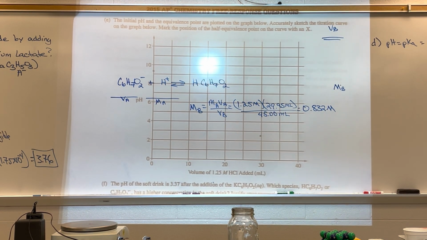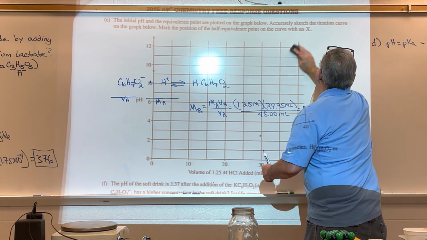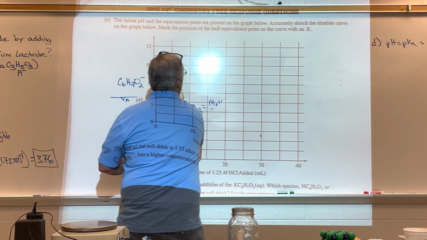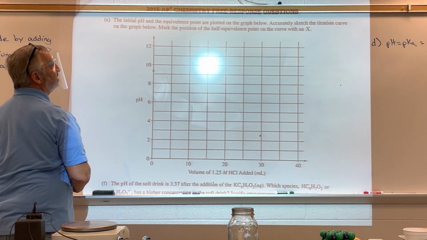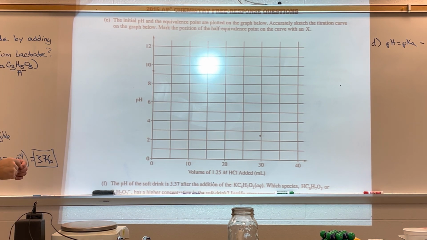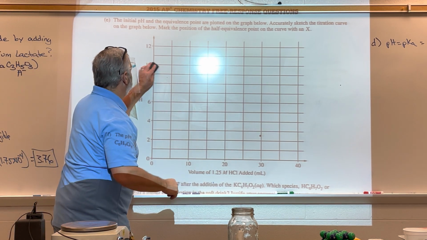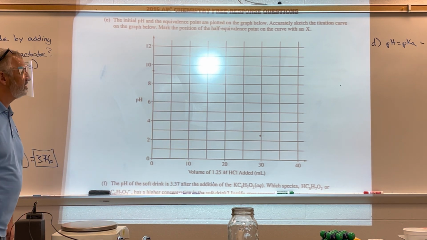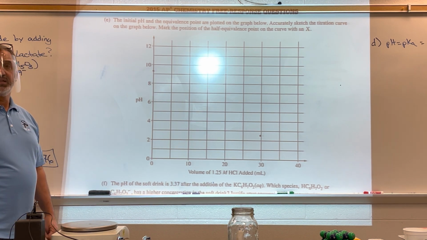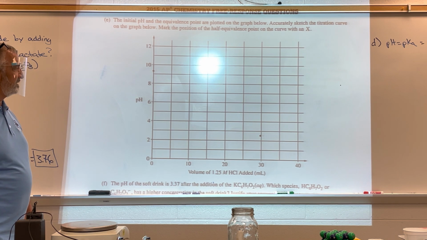The initial pH and the equivalence point are plotted on the graph. So what's the titration curve? What did we just say the pH at the equivalence point was? 2.5.